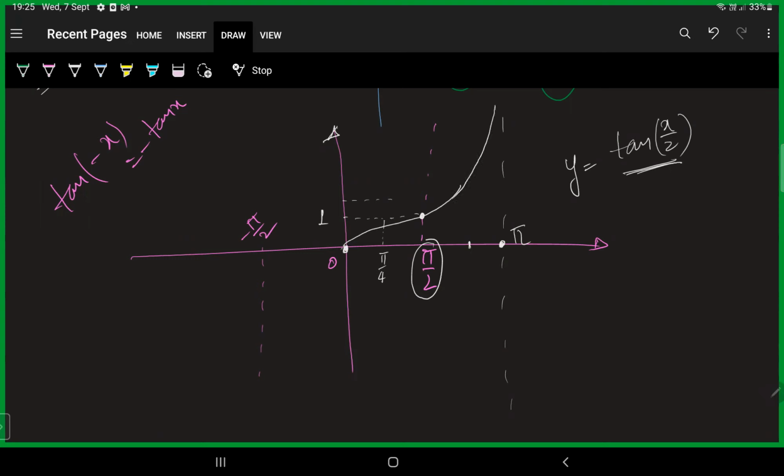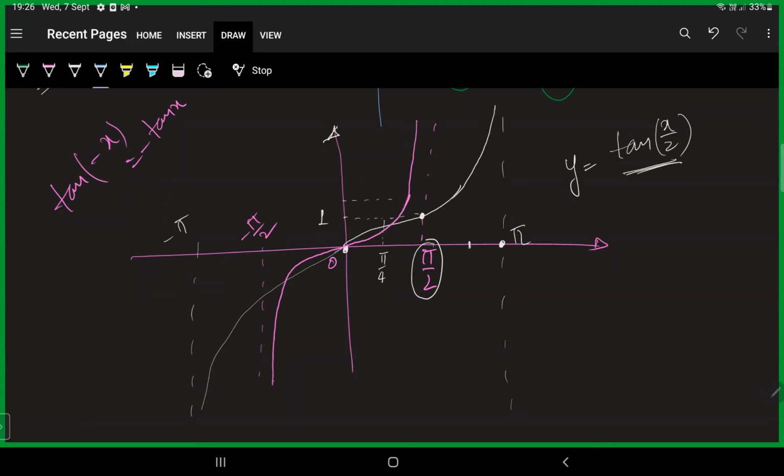Something like this. So this will be negative. What I told you: when you divide, the graph will expand. If you multiply here, the graph will shrink. Got it? Now let me again draw tan. Okay, so this is tan.